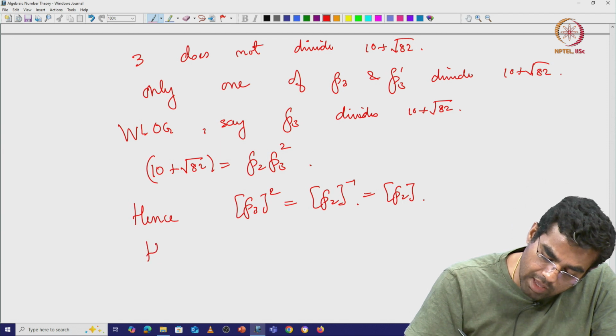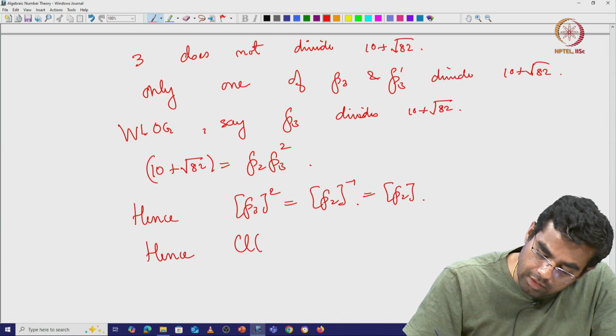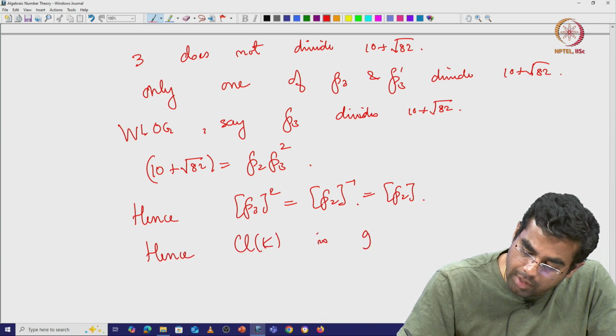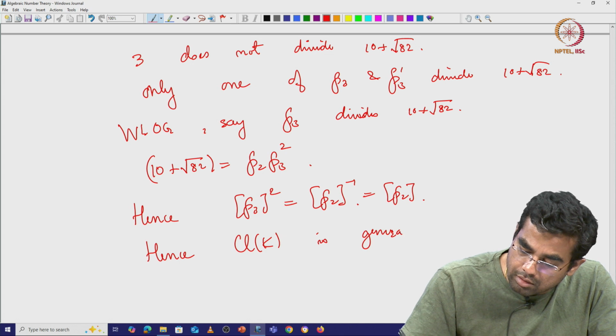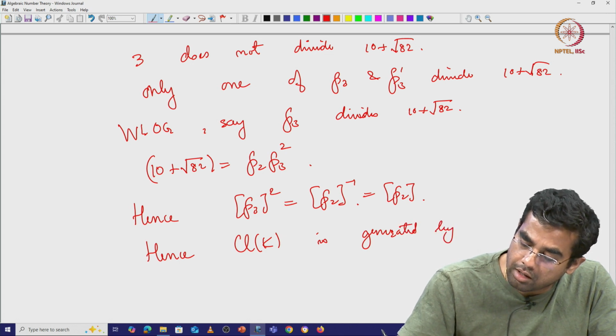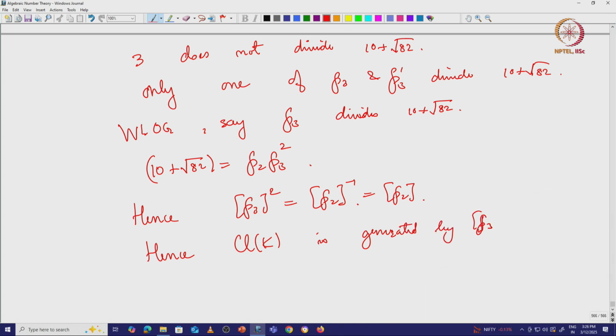So, hence the class group of k is generated by the class of P3 only, and P3 to the 4, which is the same as P2 to the 2, is identity. So, hence the class group of k is isomorphic to Z mod 4Z.